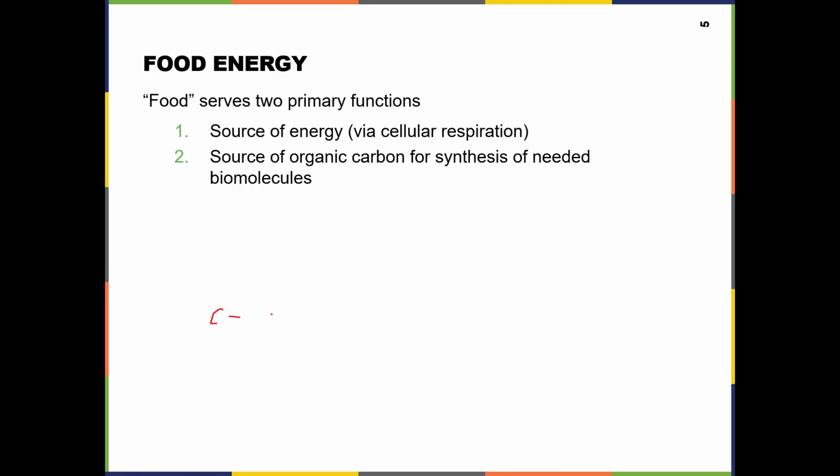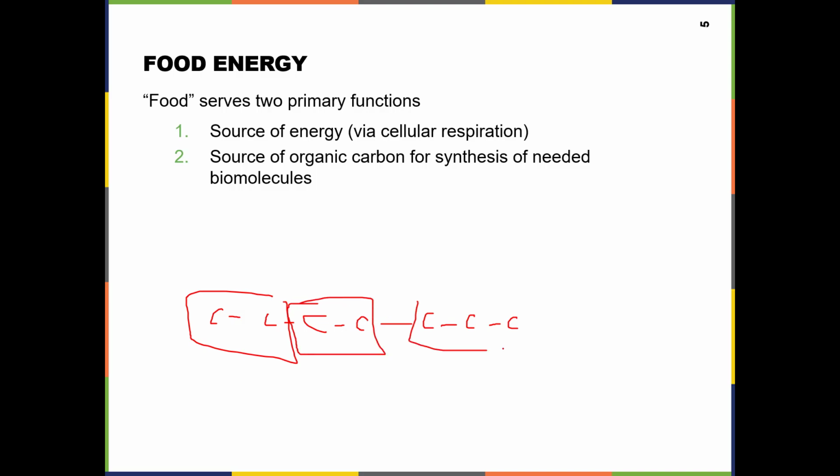So you have these long chains of carbon and hydrogen. You'll remember from your 1406 biology. And whether they're saturated or unsaturated, basically they're broken down into 2 carbon units, etc. And each 2 carbon unit can be converted into an acetyl-CoA. And you probably remember acetyl-CoA feeds into the Krebs cycle.